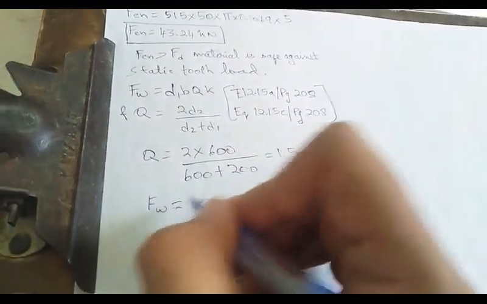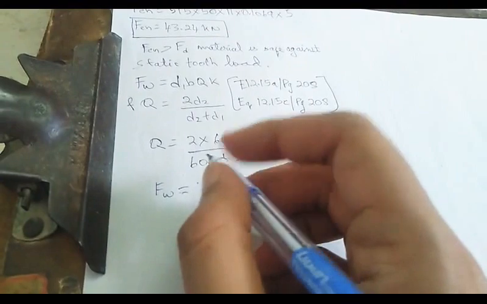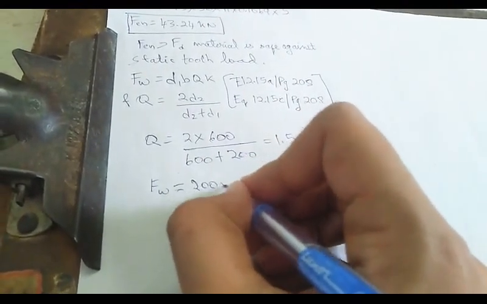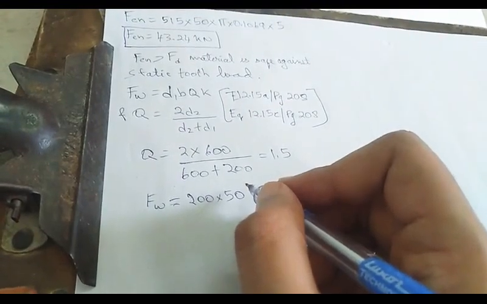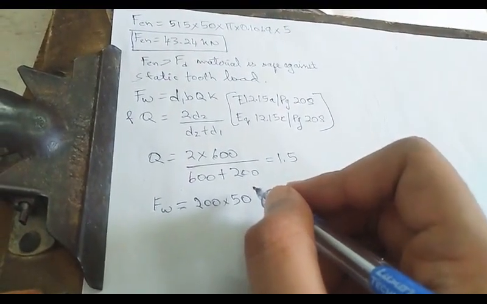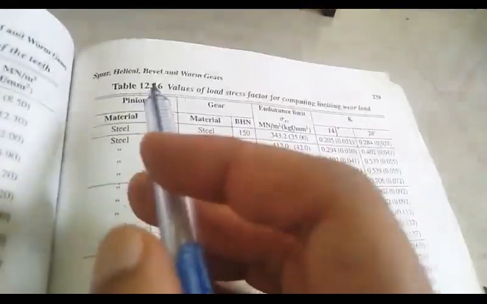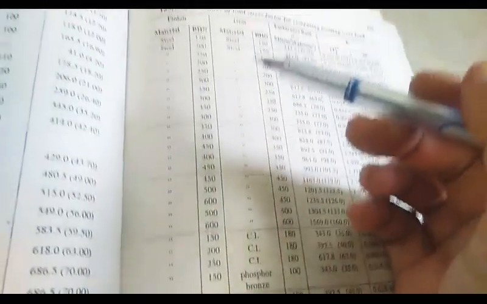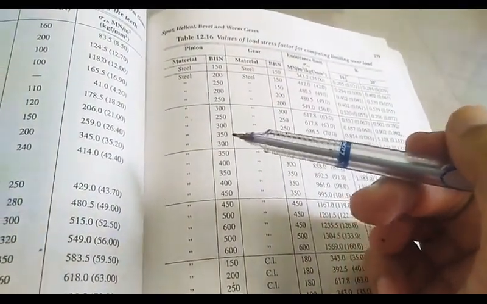And Fw: D1 is 200, B is 50. Here I need to find the value of K from table 12.16, for material steel and hardness 300.